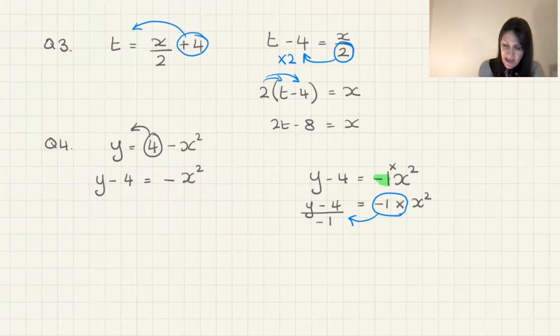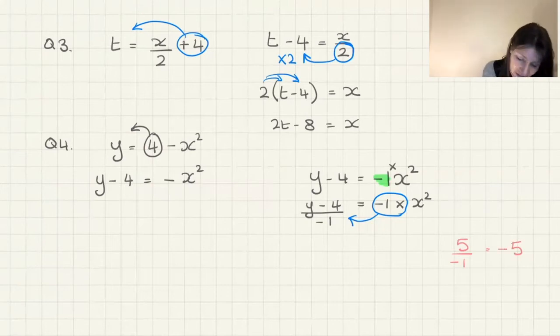So if I have a number, now I'm going to do this by numbers to start off with so that it makes sense. If I have 5 and I have to divide that by -1, how many ones can I get into 5? Yeah, it's 5. And then how many negatives can I see? I can see 1 negative, so there's 1 in the answer.